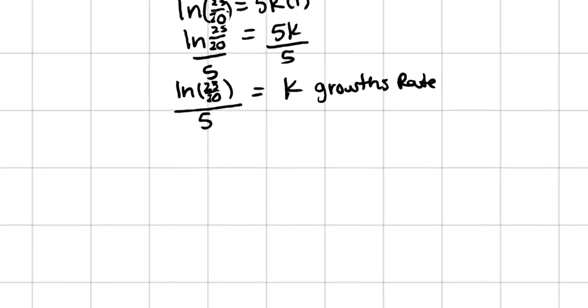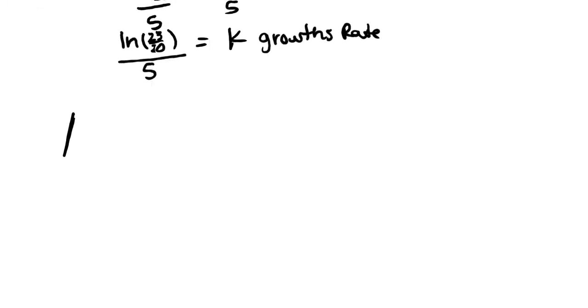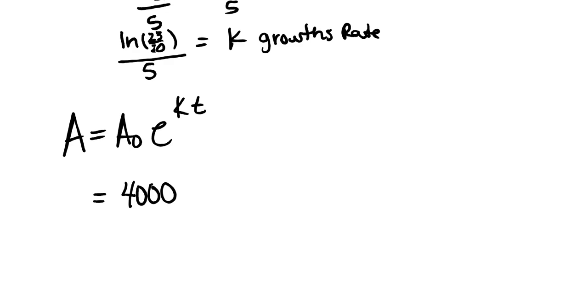So in our formula, A equals A naught e to the kt. We started off with 4,000 bacteria, and k we just found to be natural log of 23 over 20 over 5. And our time is 17 hours.